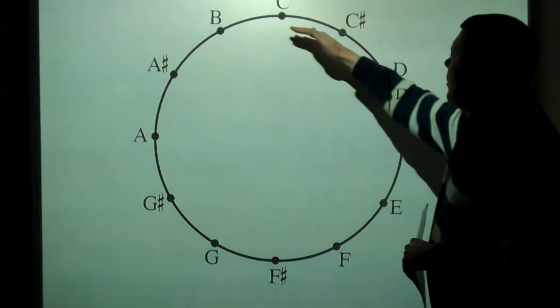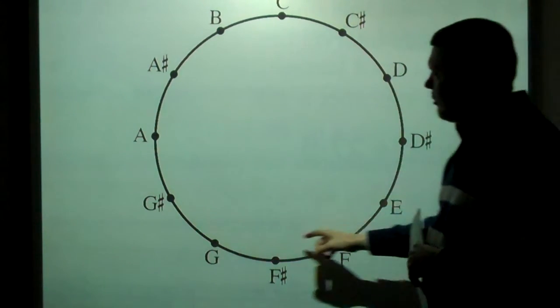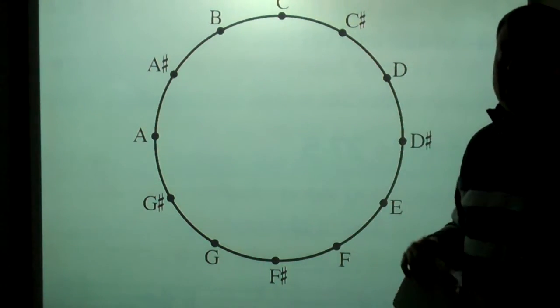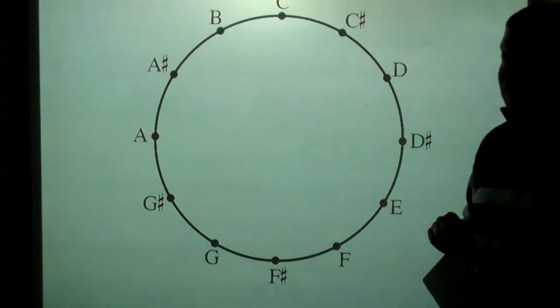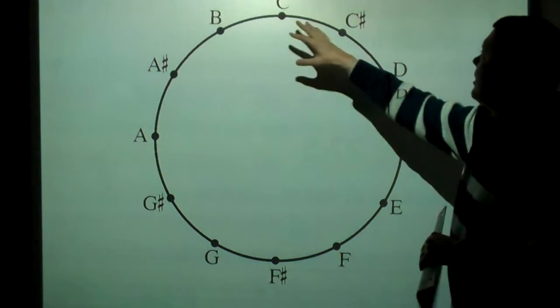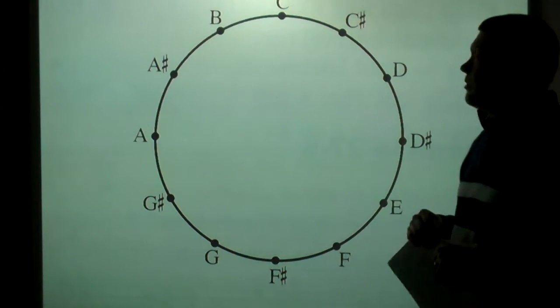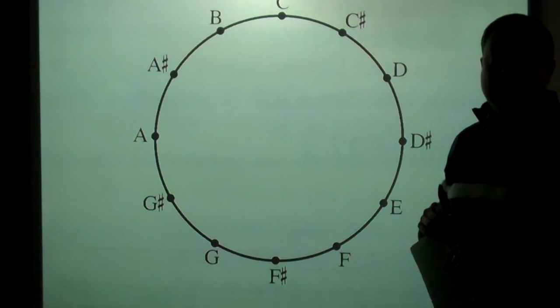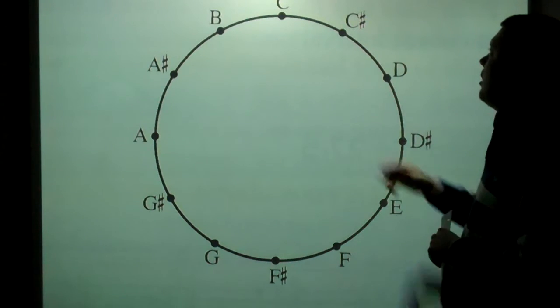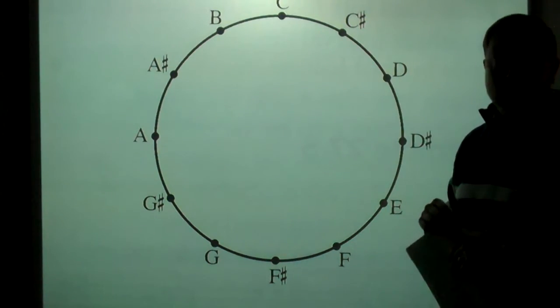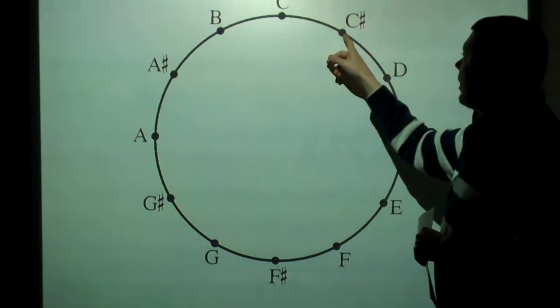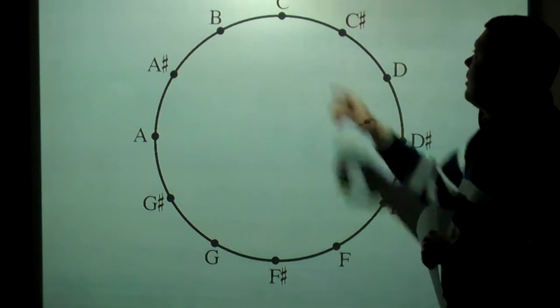You'll notice that when we move clockwise around this particular circle, and by the way, it's not called a circle of fifths, because these pitches are arranged not in perfect fifths as you go clockwise around the circle, but they are arranged in half steps. So C to C sharp is 1 half step. So that's why C sharp is pitch class 1.